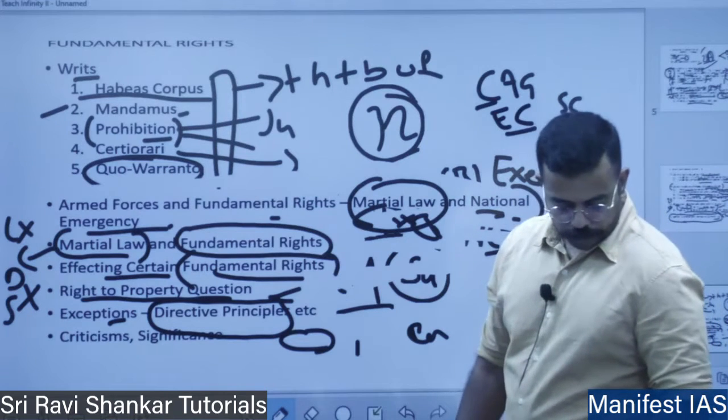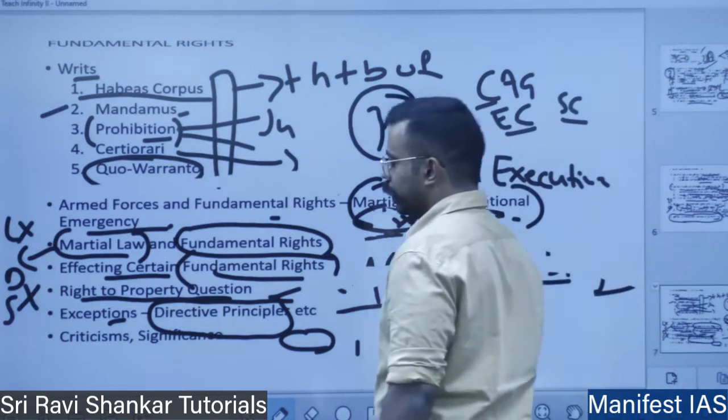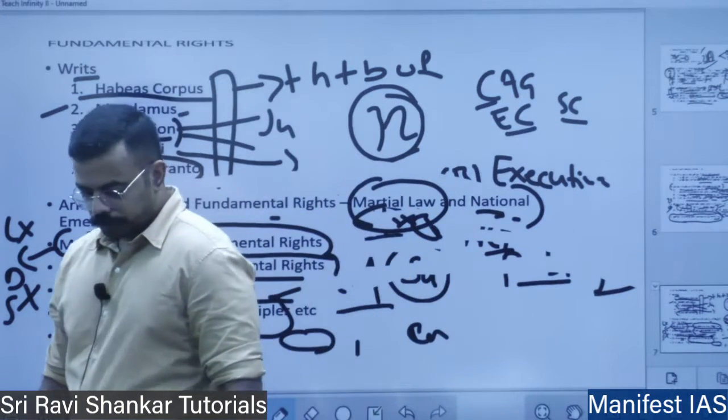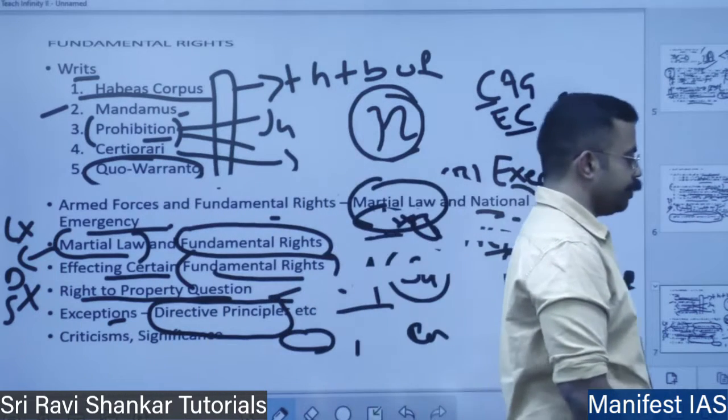Okay, both Article 39B and 39C. We will discuss it when we go to directive principles. So first is accumulation of property, second is concentration of wealth.